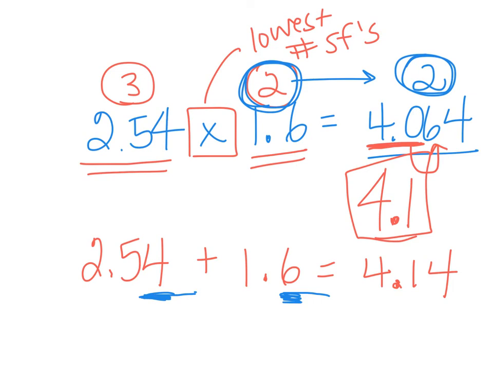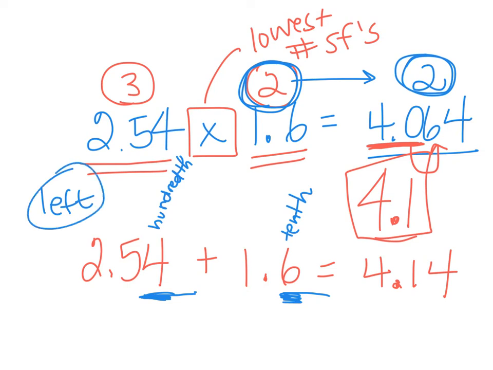Then analyze the place, the 4, and then the 100th place. The 6 is in the 10th place. Which place is less significant or less precise? The one that is most on the left.